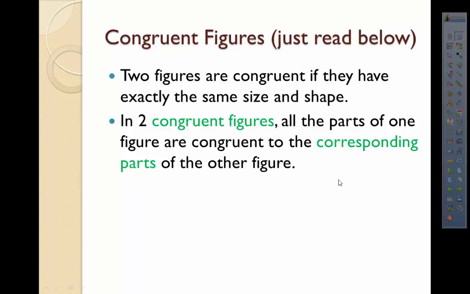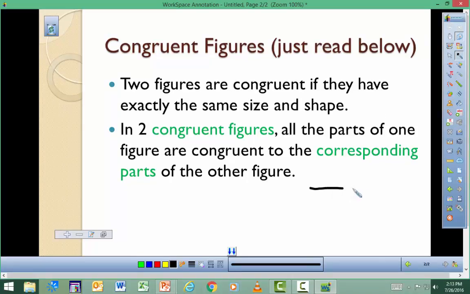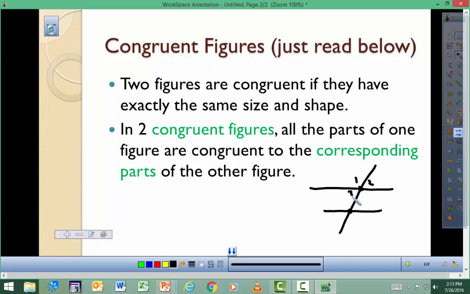So, you might remember when we were dealing with parallel lines, we had what were called corresponding angles. Remember, we had a transversal. We have angles 1, 2, 3, 4, 5, 6, 7, 8. And we said that there were corresponding angles.